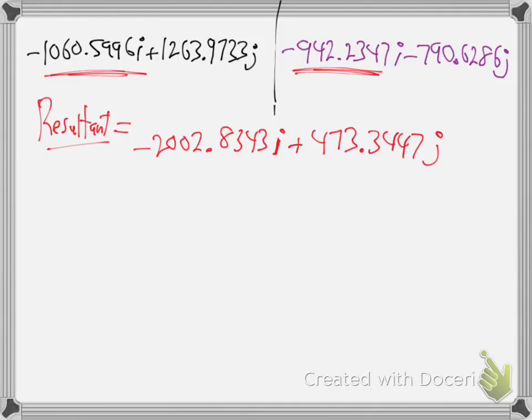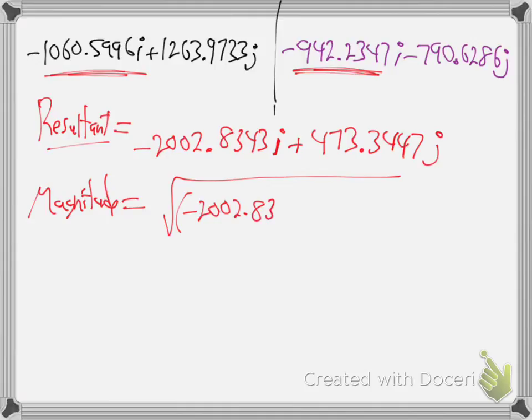How are we doing? Now that's the resultant. Now they want the magnitude. So that's the square root of the first one squared plus the second one squared. So let's do that.